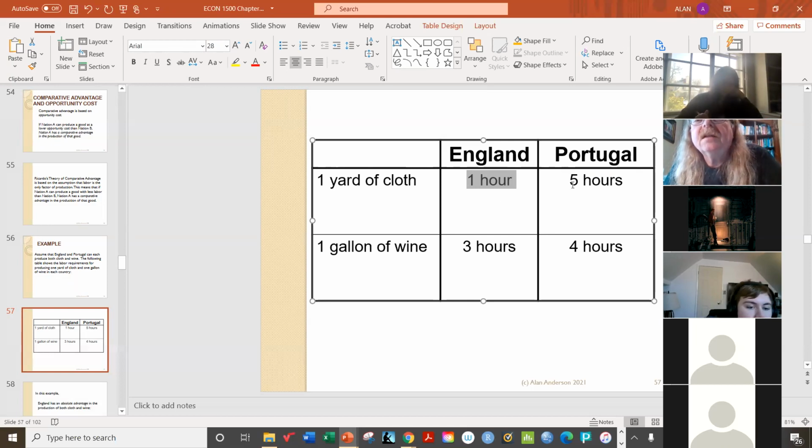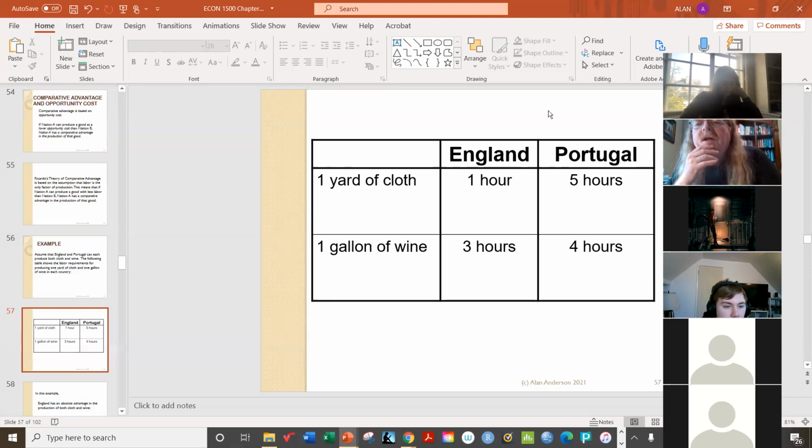England's advantage in cloth is so substantial that it doesn't make any sense for them to grow any wine at all, even if they're slightly more efficient. If they just make all the cloth and let Portugal make all the wine, the total output of both goods will go up and consumers in both countries will be better off, because England has a comparative advantage in cloth, but as we'll see, Portugal has the comparative advantage in wine.